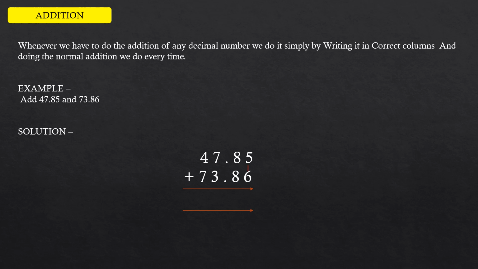See, 5 is under 6, 8 is under 8, 7 is under 3, and 4 is under 7, and the points are also under each other.